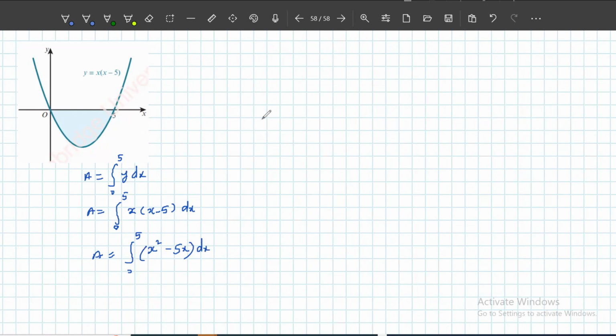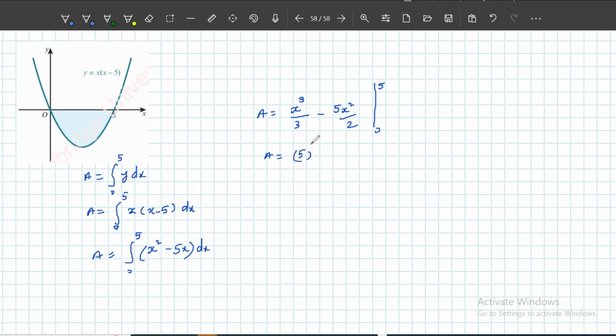After this we can say that A is equal to x to the power 3 over 3, add one in the power and divide by the same thing while applying the integration concept, minus 5x squared over 2, lower limit is 0 and upper is 5. After this we can replace because we cannot simplify further.